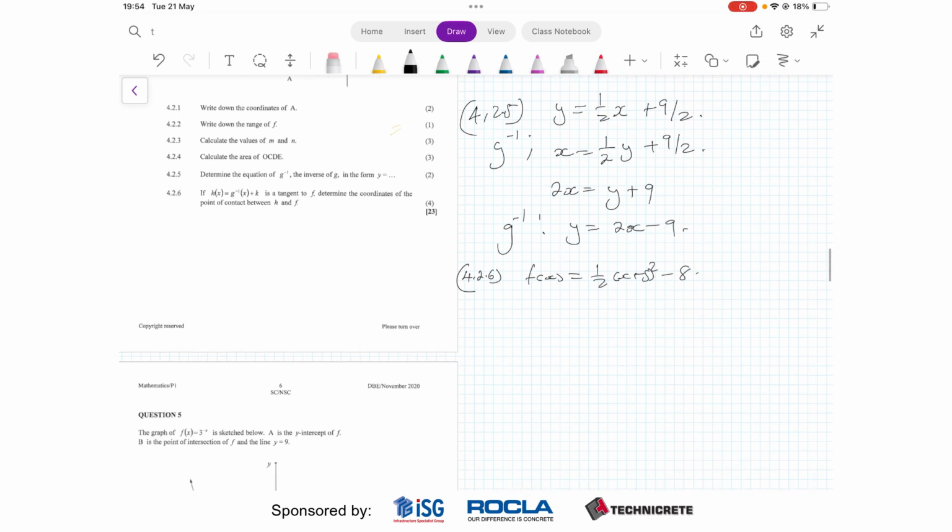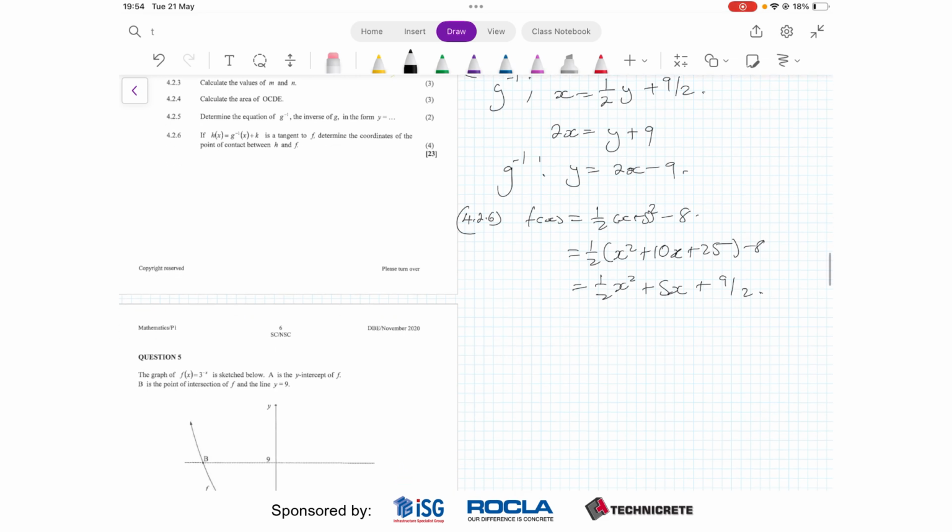And when we write this out completely, this will be 1 over 2 into x squared plus 10x plus 25 minus 8, which is 1 over 2 x squared plus 5x plus 9 over 2. This is what our f at x looks like.